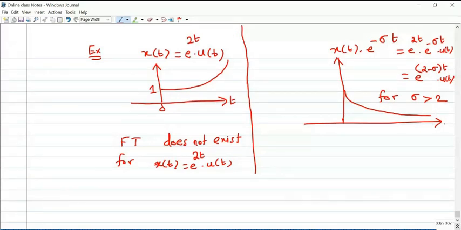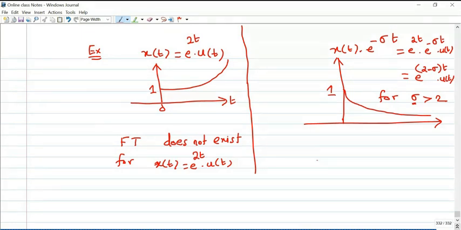For sigma equal to 2, e power 0, you will get 1. For sigma greater than 2, you will get a decreasing exponential. So we do some modification in x of t and then find the Fourier transform, which is similar to your Laplace transform. Here sigma is called the region of convergence.